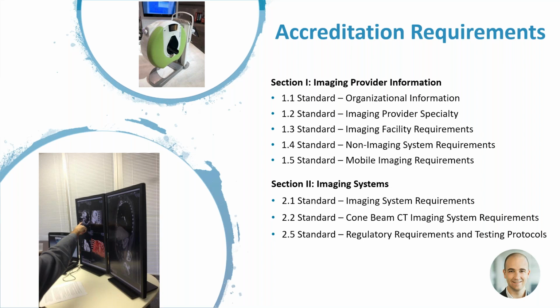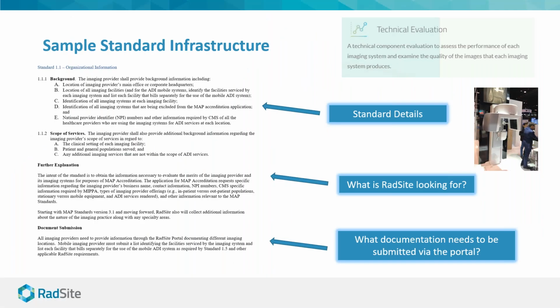And so that's why we're jumping from section 2.2 to 2.5. In 2.5, we have regulatory requirements and testing protocols. And here we basically make sure that the equipment is following federal, state, and local requirements, that there's inspections taking place, that there's maintenance records, that the equipment is safely installed and safely disinfected, which now in the age of COVID-19 is particularly important.